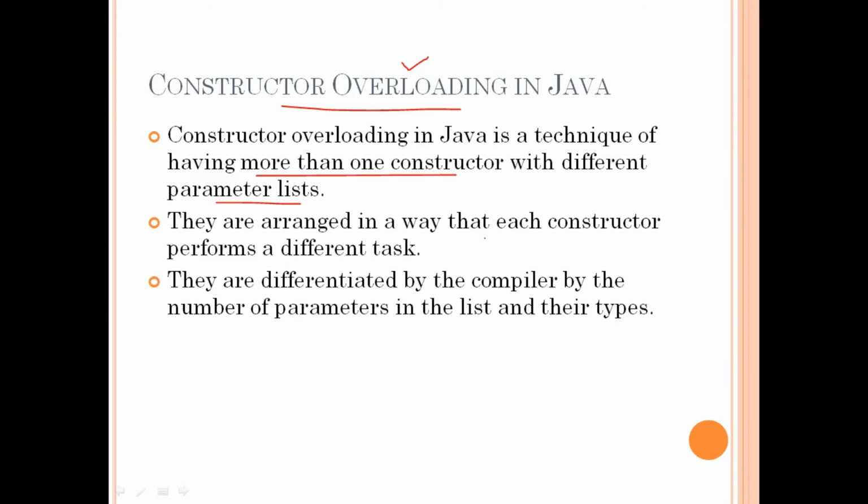They are arranged so that each constructor performs a different task. They are differentiated by the compiler by the number of parameters in the list and their types. These two major factors differentiate our constructors, right? With constructor overloading, we can use more constructors to do different jobs.